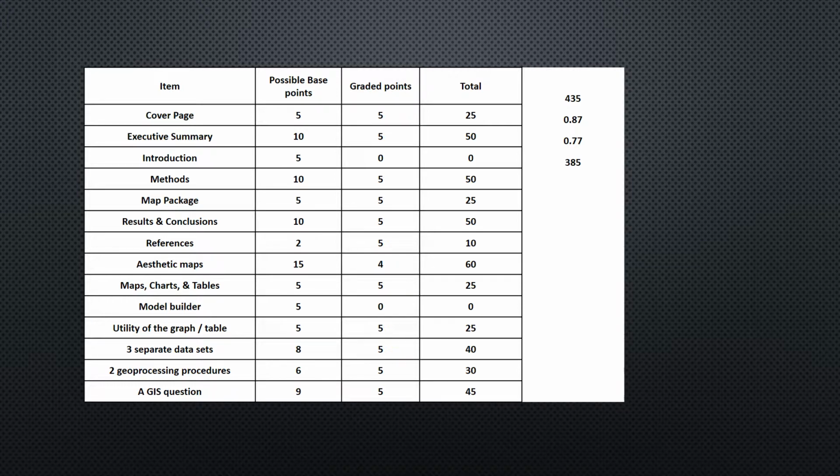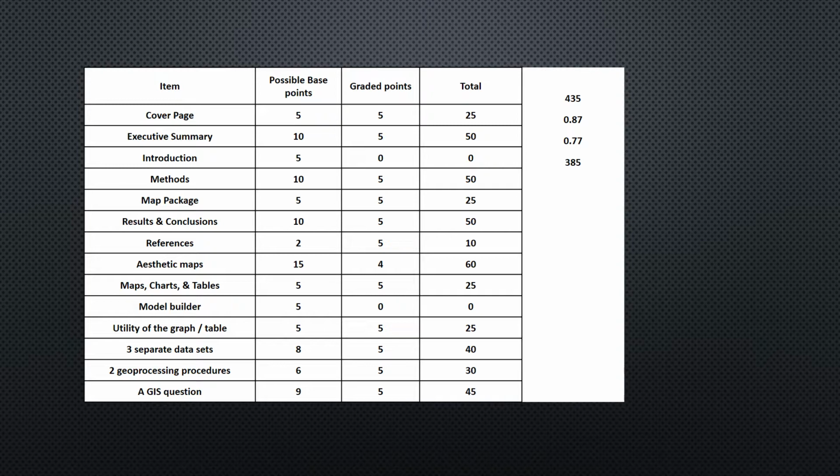So that counted as 3 separate data sets. There was a line density, there was a central figure assessment, there was various types of reclassifications and whatnots, and so the two GIS processing procedures were clearly met. Did in fact have a GIS question, so that's good.